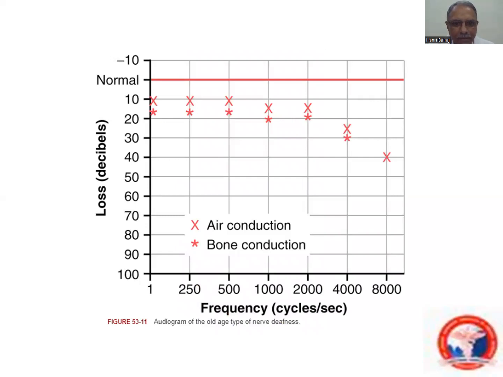Okay. This is the old age type of neural deafness, wherein the loss of air conduction and bone conduction are decreased to 40 decibels. So both are decreased, but the air conduction is decreased more.